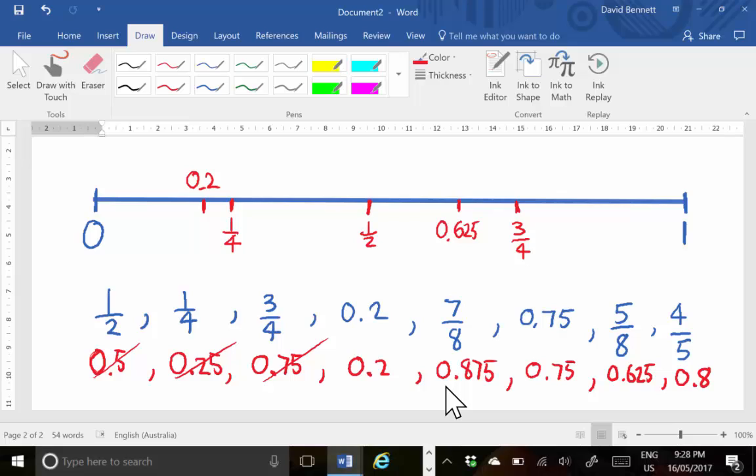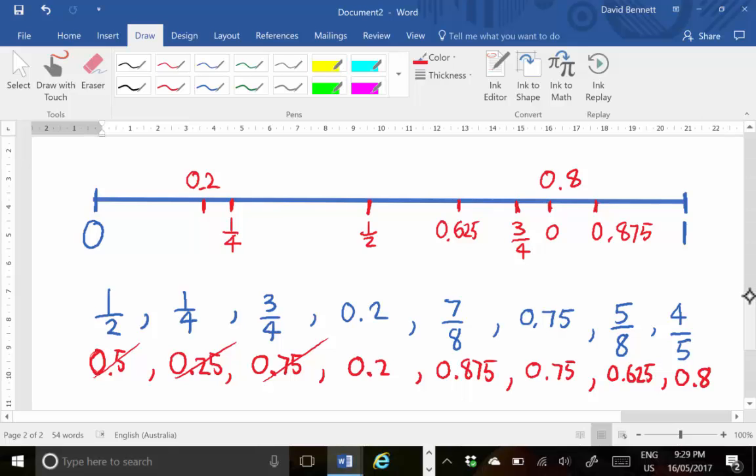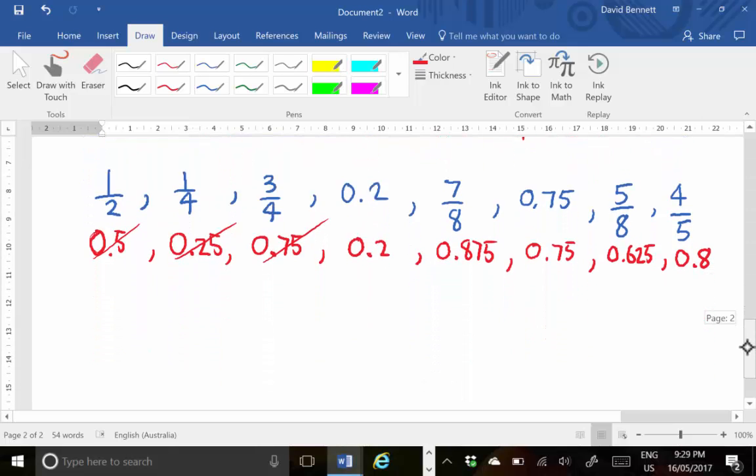So 0.8 is about 1/5 away from the end, so I'll put that above the line. And then 0.875 is probably a little bit more, about there. Picturing where that actually occurs is a really important part of mathematics.